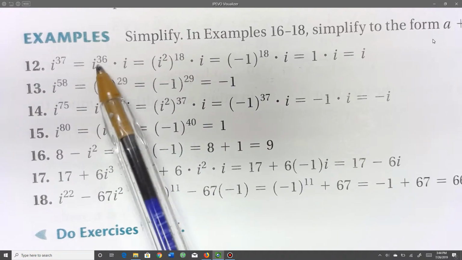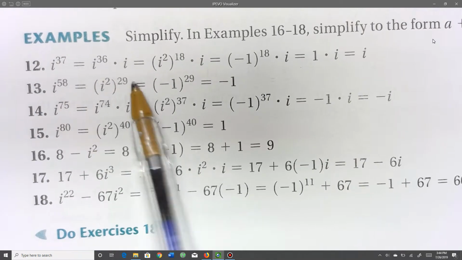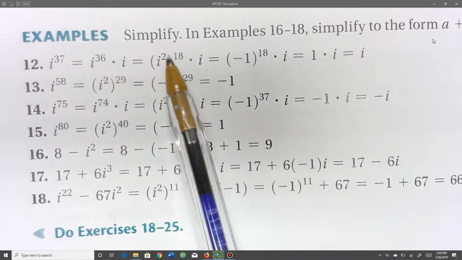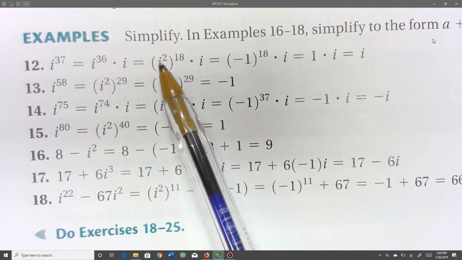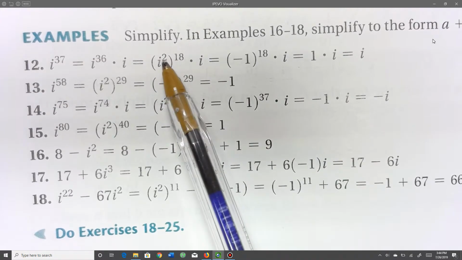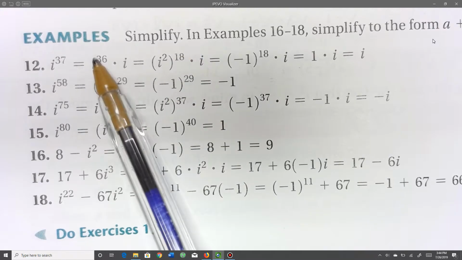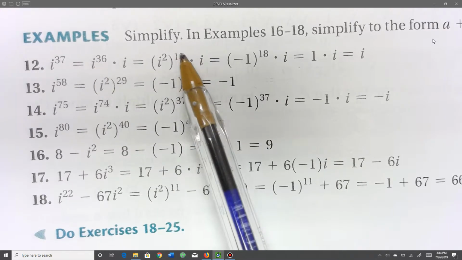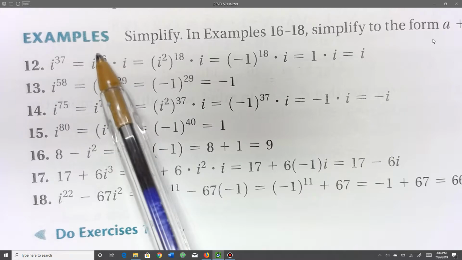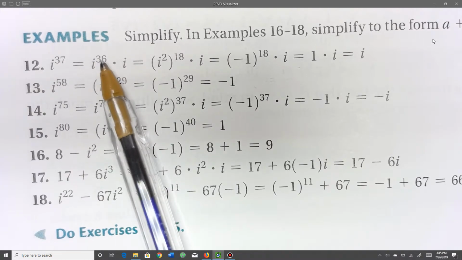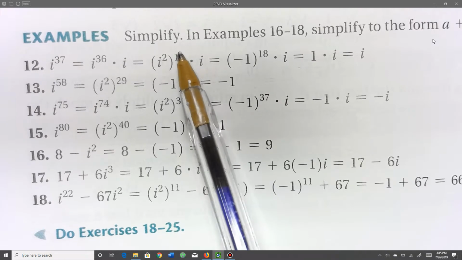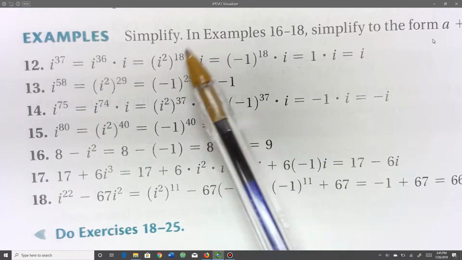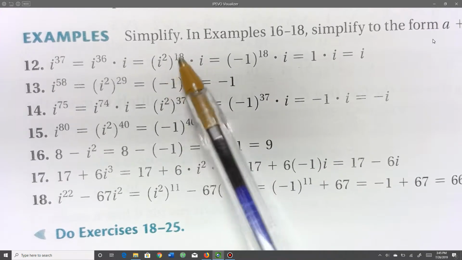Now that we have an even exponent, we'll apply this rule. You want an i squared for the square root, and then half the exponent, and that should be your exponent on the new expression there.